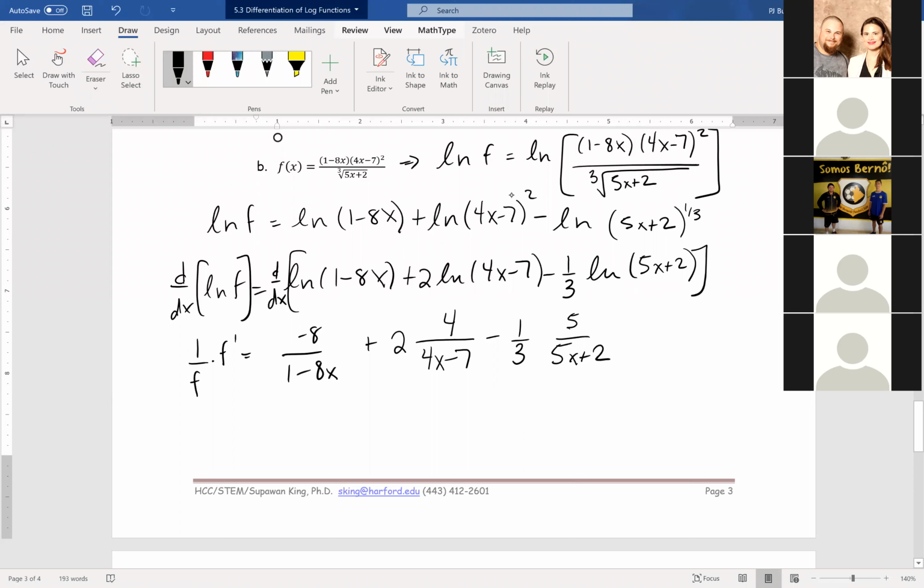But it's a chain rule because there's something other than x. So we also have to multiply by the derivative, which is minus 8. So we do that for all of them. So we get a 4 and we get a 5. And then, of course, this number out in front just stays there, right? So they're there as well.